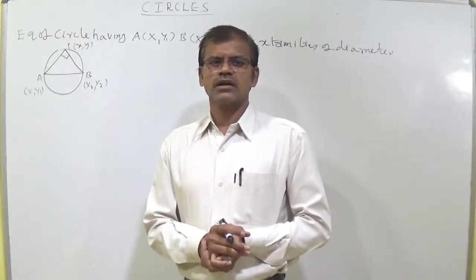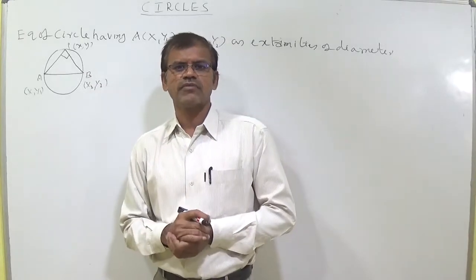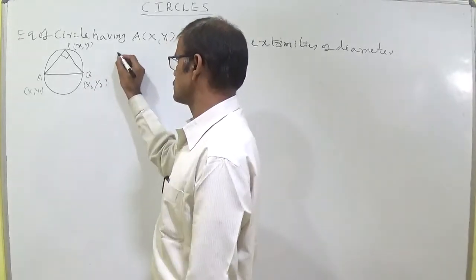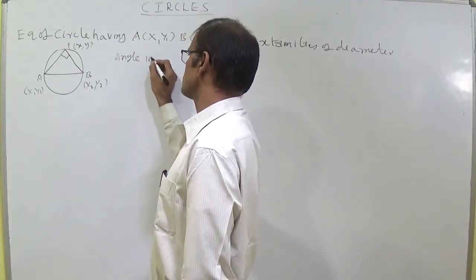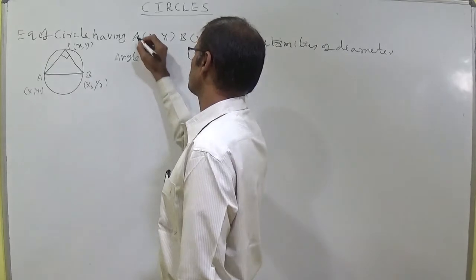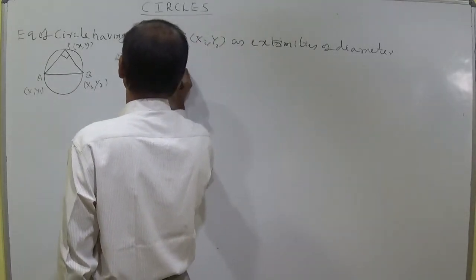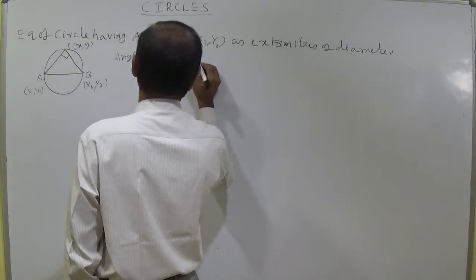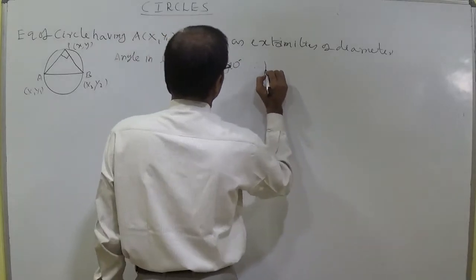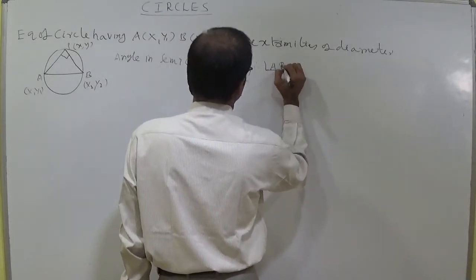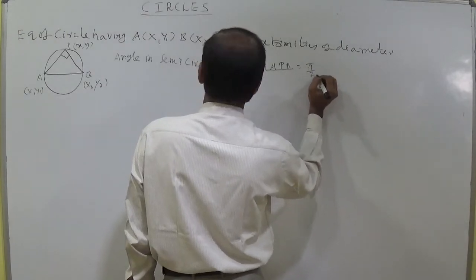The parts are called a semicircle, and we know that the angle in a semicircle is 90 degrees. Since 8th class you are learning angle in semicircle. Angle in semicircle is equal to 90 degrees. Therefore, angle APB equal to pi by 2 here.